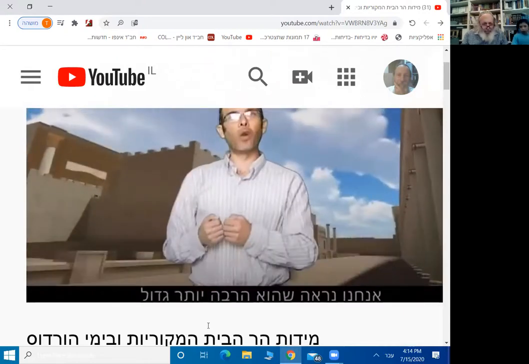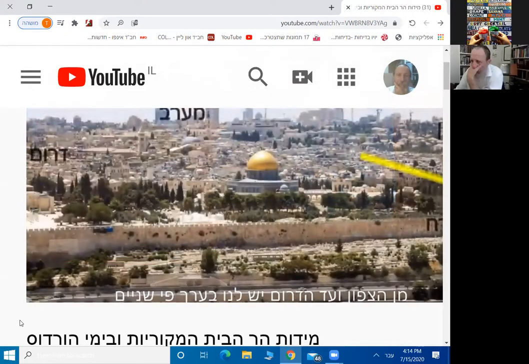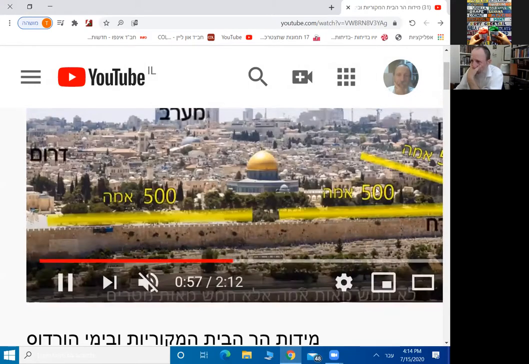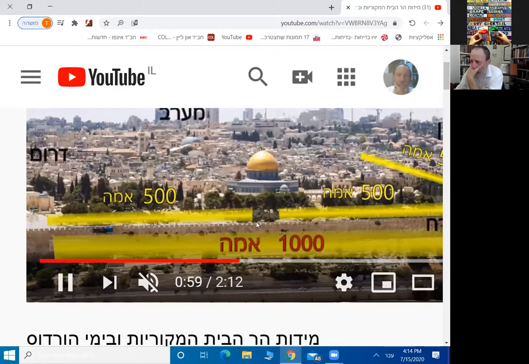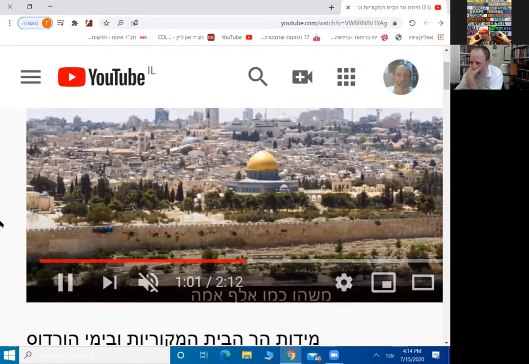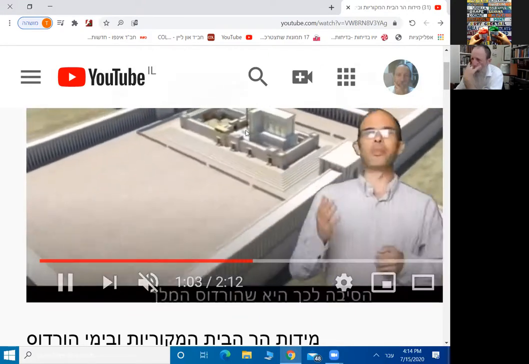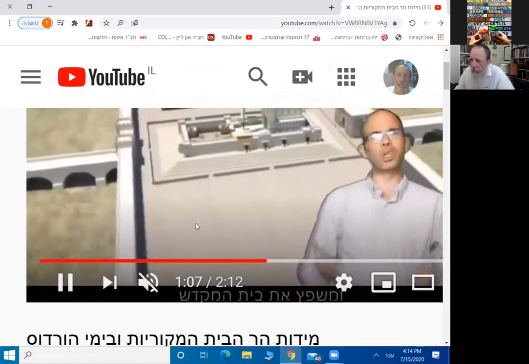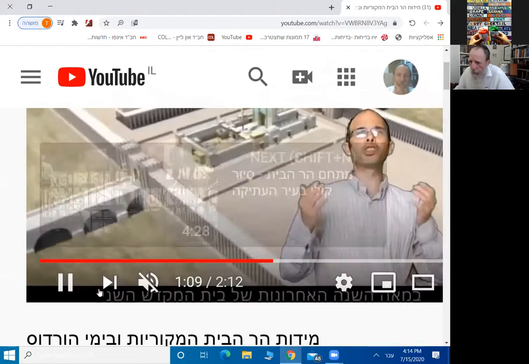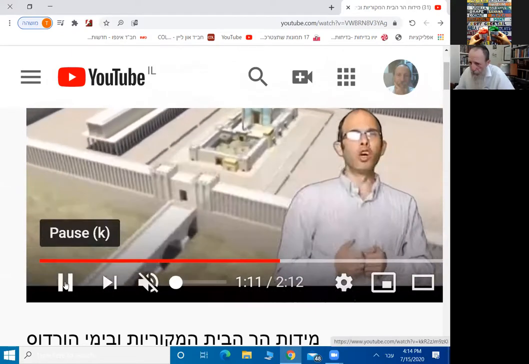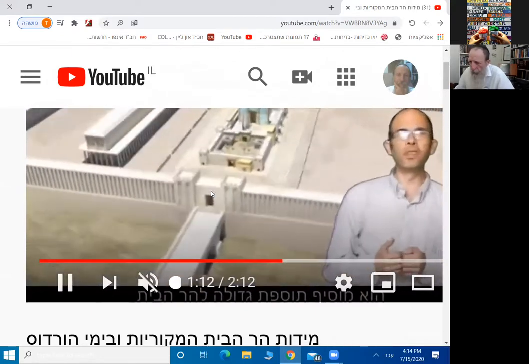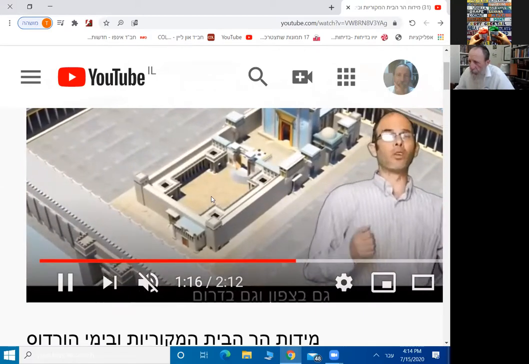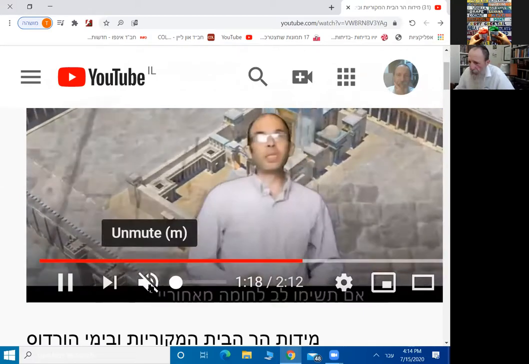Let's see if we can get these pictures over here. He's speaking in Hebrew. Here's sort of the wall that's around it. Nowadays it's much bigger, like 1,000 amas. And he says why? Because there were two different groups that built the walls around here, one type of Arabs, another type of Arabs. You can see the different types of stones that were used to build it. Here he goes.